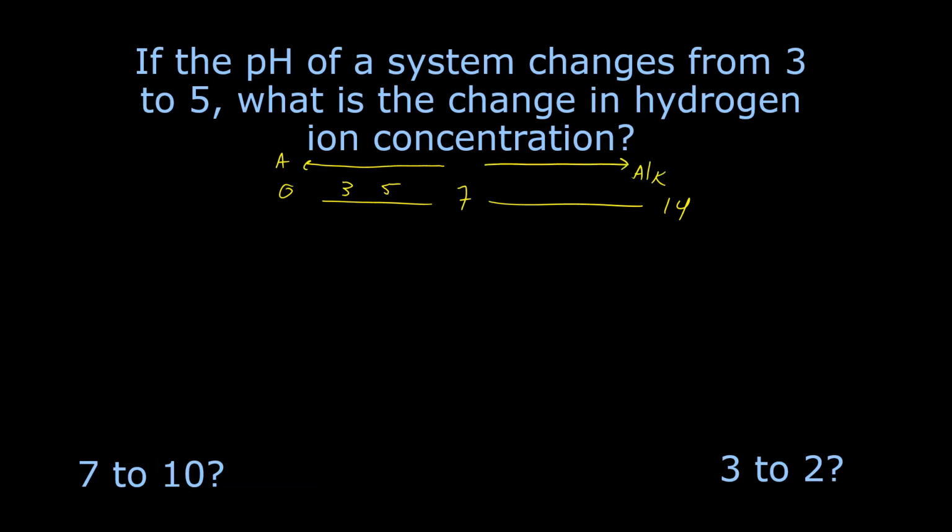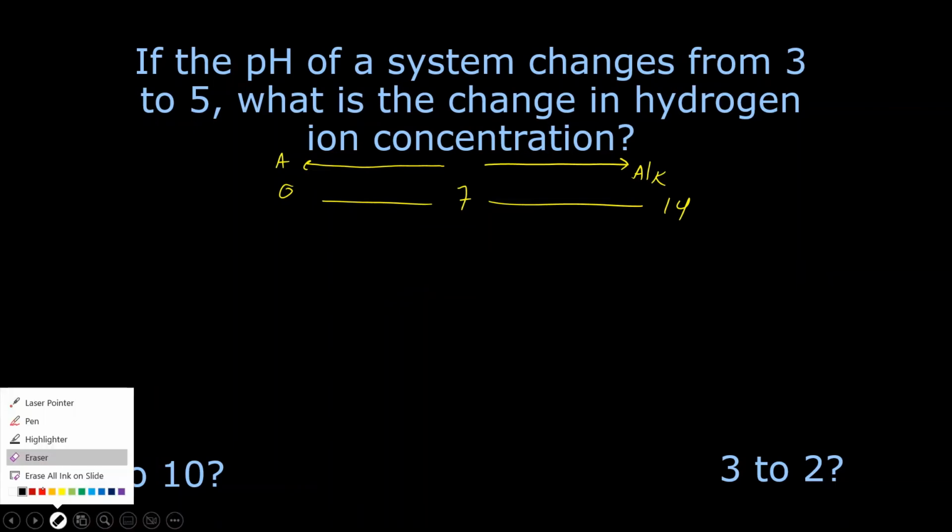So it's changing from 3 to 5, it's going this way, and remember to count the steps. 3 to 4 to 5, there's 2 steps there. And what we do is, we multiply by 10 for each step. So when the pH of a system changes from 3 to 5, we're going to have 100 times fewer hydrogen ions because we're going up toward the 14.